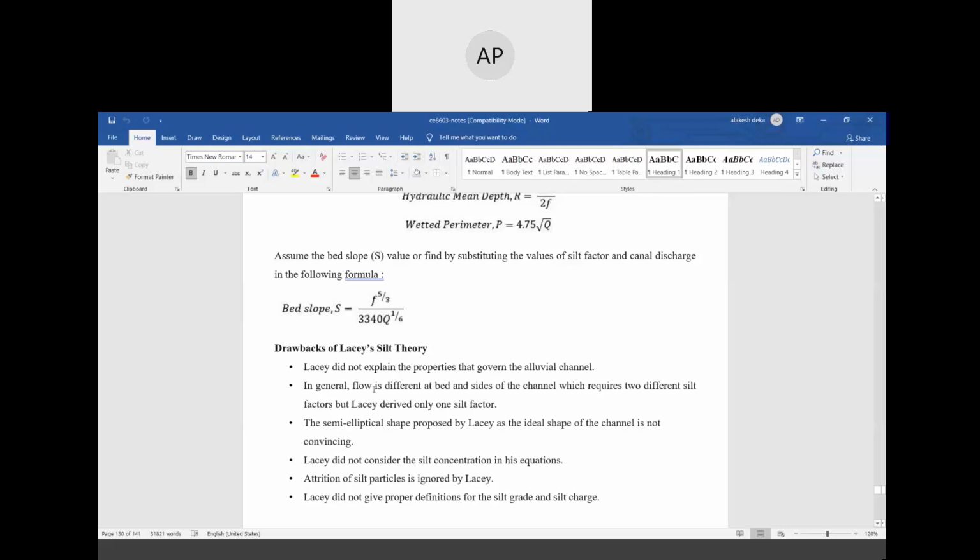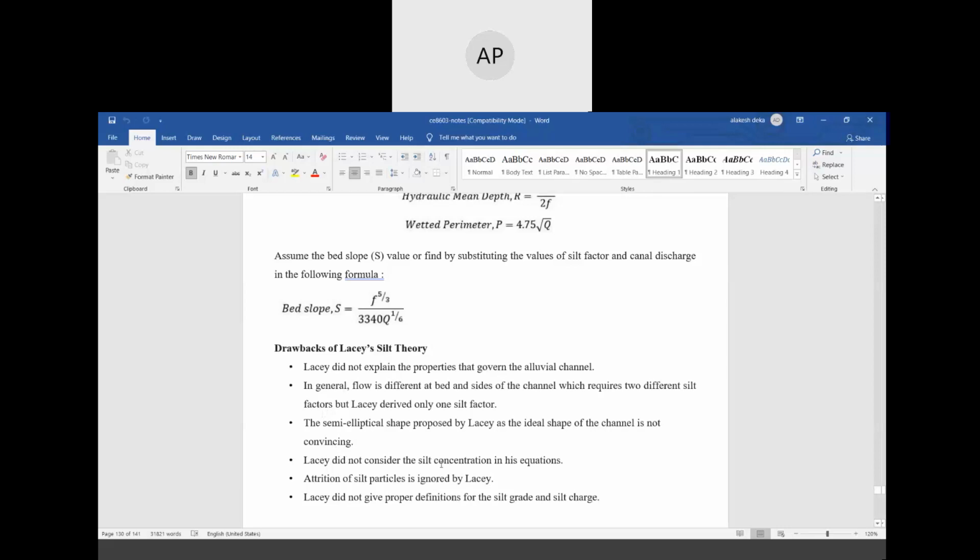In general, flow is different at the bed and sides of the channel, which requires two different silt factors, but Lacey derived only one silt factor. The semicircular shape proposed by Lacey as the ideal shape of the channel is not convincing.